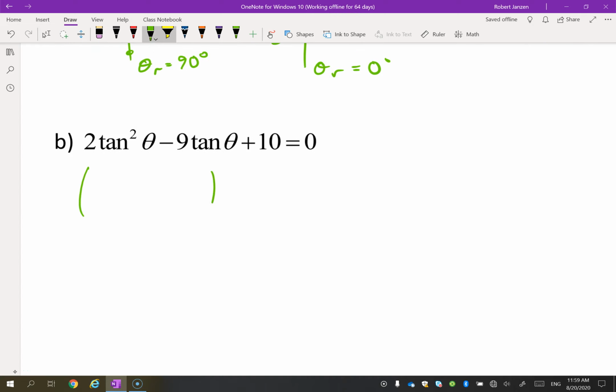Okay, I'm going to factor this one without using let x. You are welcome to use let x. All right, what is going to work here? How about -2 there, -5 there? I think that works. That's -4, -5.